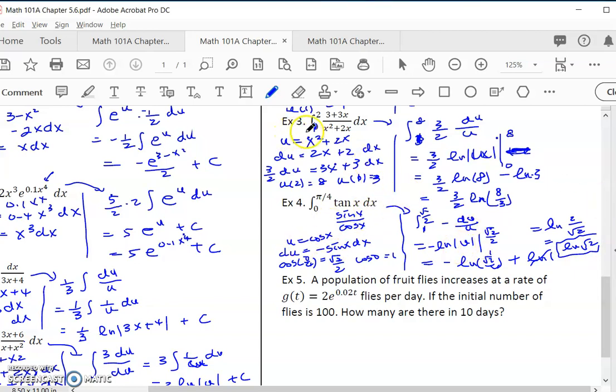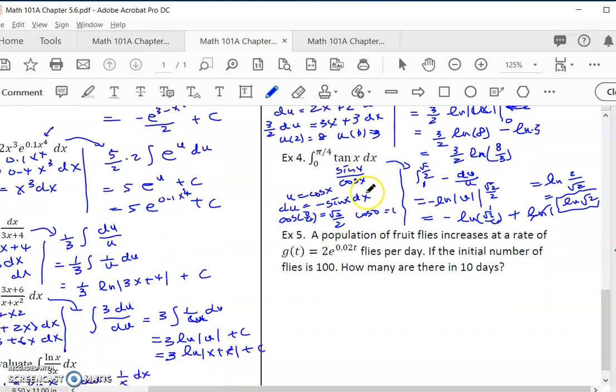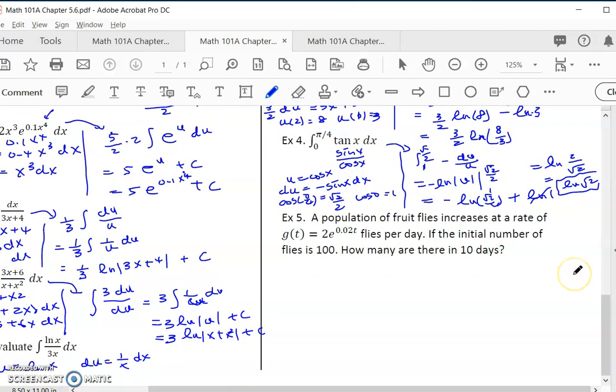Okay, so you change everything and you just do u. When you do a definite integral, it is actually easier. What problem? So this is a review of the net change theorem. A population of fruit flies increases at a rate of 2 e to the 0.02t flies per day. So this is not describing the population. This describes a rate.